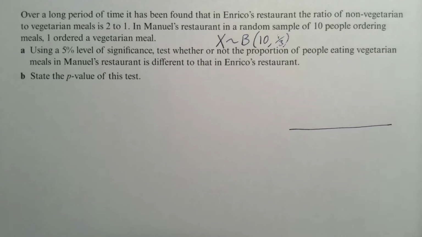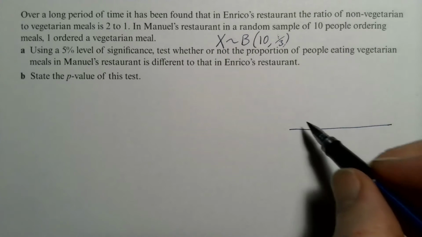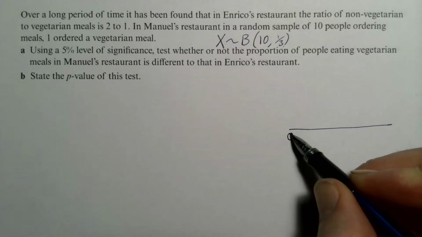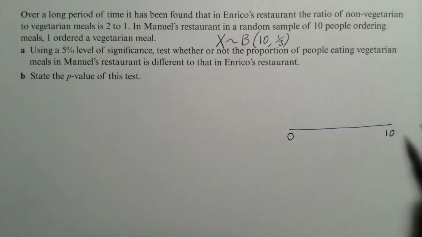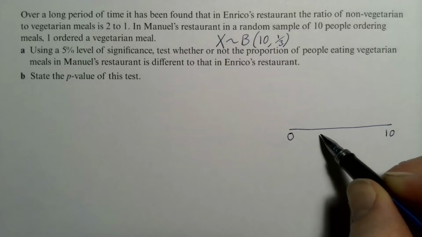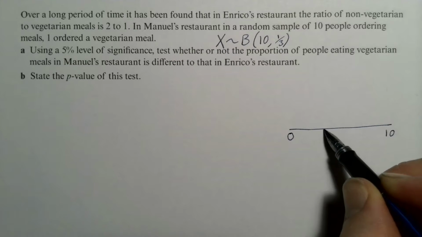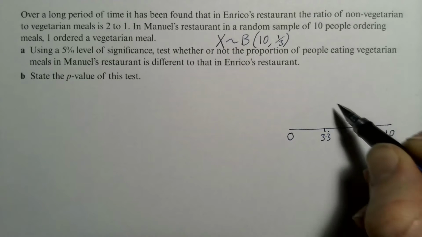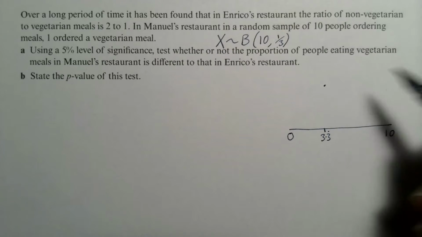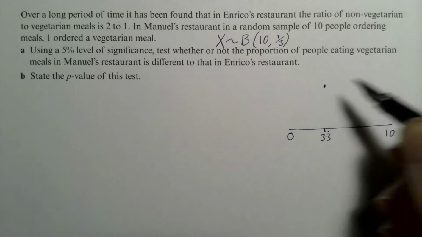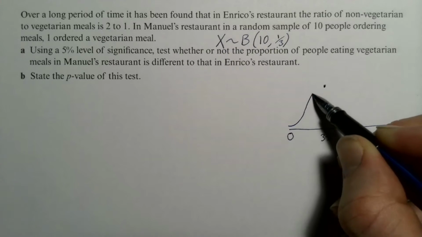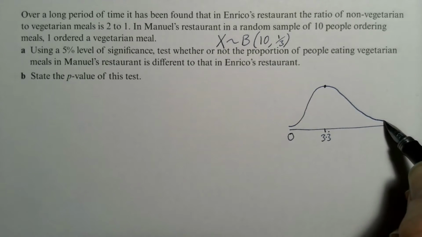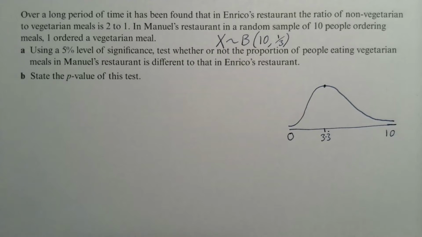So that's a 1/3 chance there. The minimum would be 0, the maximum would be 10, and if I go 1/3 of the way along there to 3.3 recurring, that would be your average idea. That's what we're going to be expecting to happen more often than anything else.